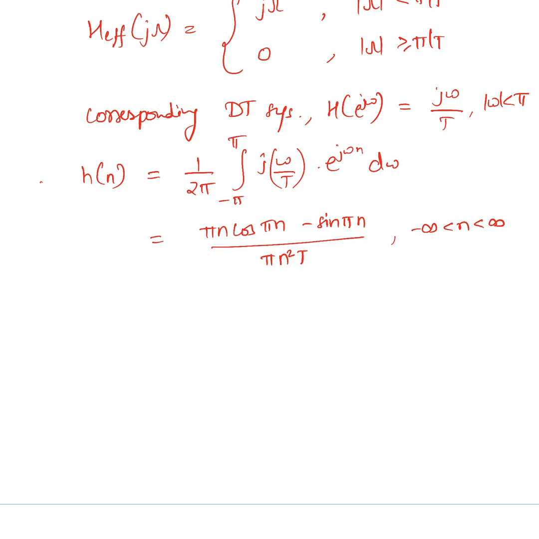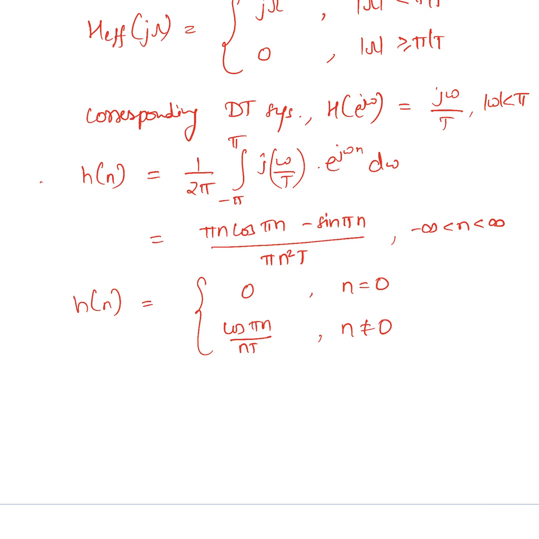This is for n lying between minus infinity to infinity. Note that we have n as an integer here, so we can equivalently define this h of n as 0 when n is equal to 0, because this term would be 0, and for n not equal to 0, it will be given by cos pi n by nT.